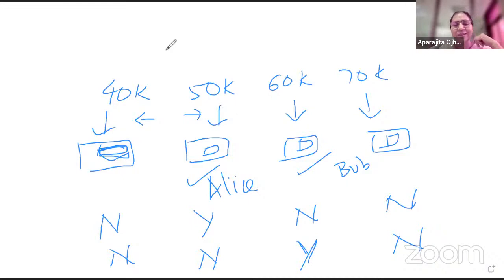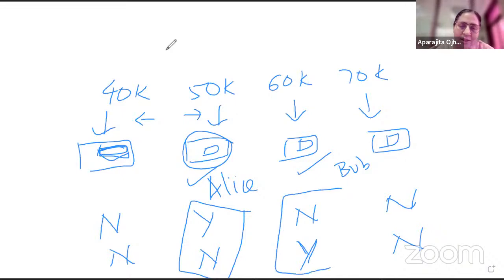Now tell me, if both of them have the key of their respective boxes, when they open the box, they will get this information that the salary of Bob is not equal to the salary of Alice. Both of them will get this information, right? Now, from here, do they get any information? Do they get any information?